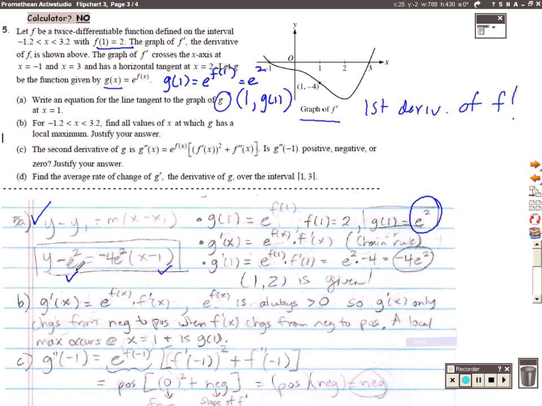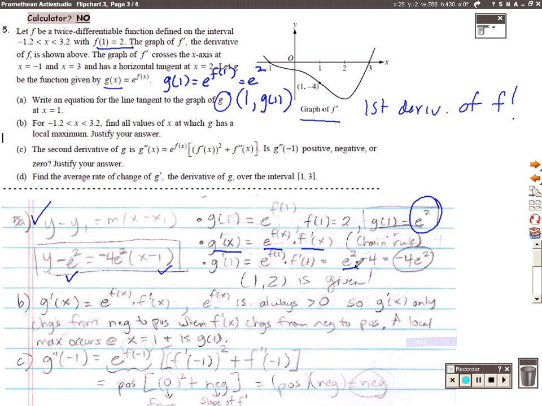Now I need to find the slope, which means I need to find the derivative of the g function. Well, the derivative of the g function is going to use the chain rule. It's the derivative of the outside, e to the u, du. So I get e to the f of x times f prime of x. So the derivative at 1 would be e to the f of 1, which we already know to be e squared, times f prime at 1.